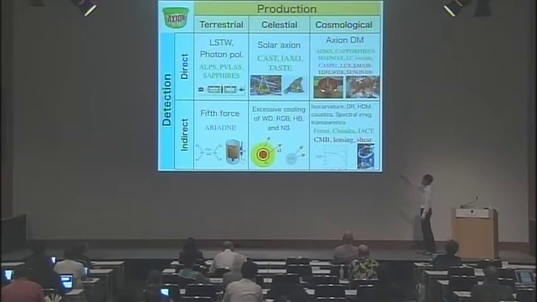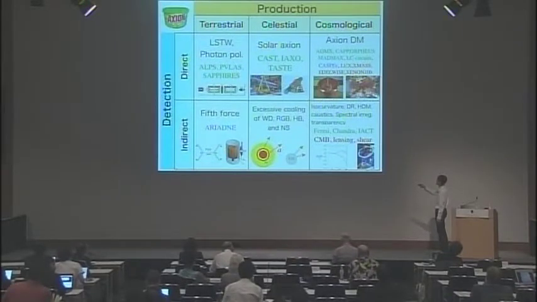And TASTE is a recently proposed Russian experiment whose projected sensitivity is comparable to BabyIAXO, the first version of IAXO. Also the axion could affect star cooling, and it could affect the lifetime of stars in the various stages. And if the axion exists as dark matter, it can be searched for by many techniques.